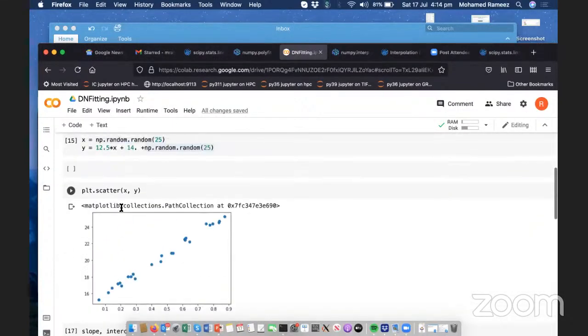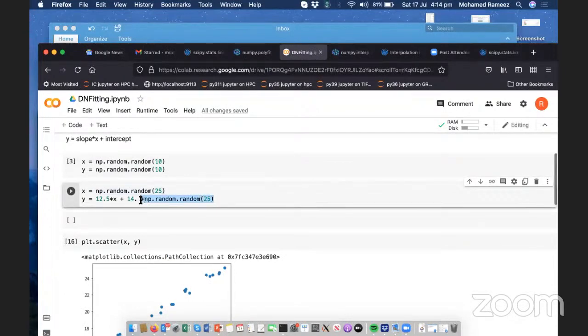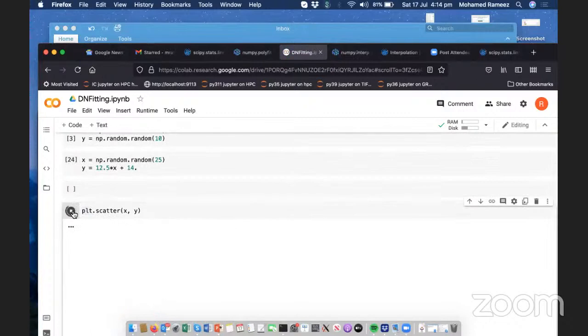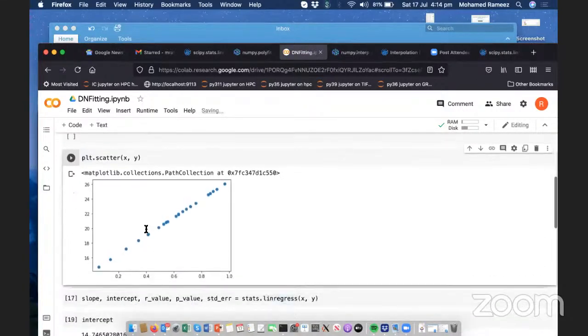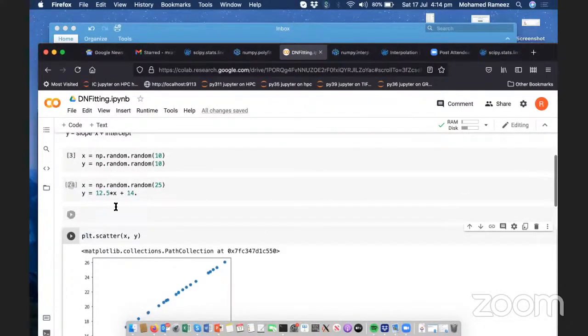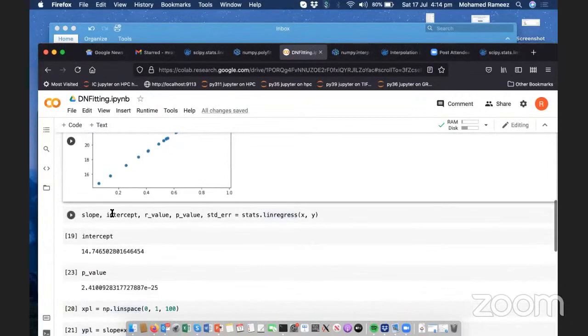Now, just to illustrate exactly what I have done, I'm going to remove this noise, just to show you what the ingredients are that go into this fit. So now the points I'm using are perfectly correlated, as you can see, because there is no noise. I am literally using the exact expression for a line.